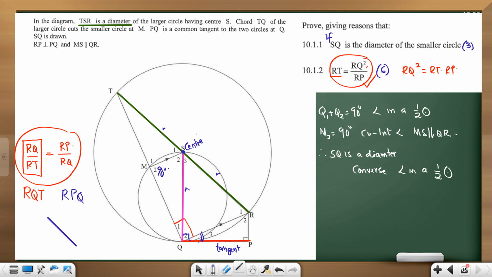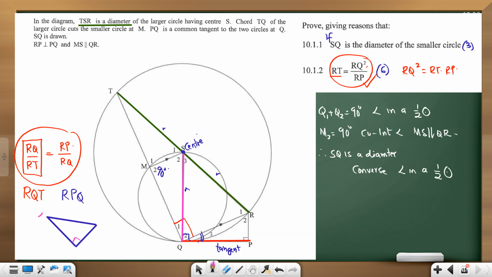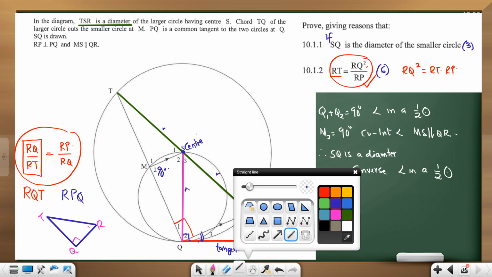I have R. What do I know? I have 1 triangle like that. But fortunately for us, we have this. So this is T, this is Q, and this is R, T, and Q. So I know that one. And the second one, RPQ, the one outside here.